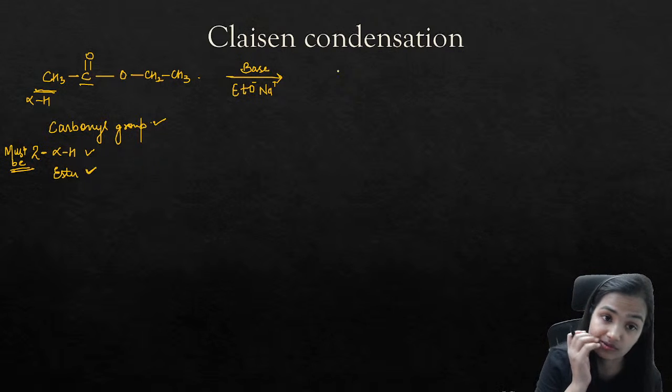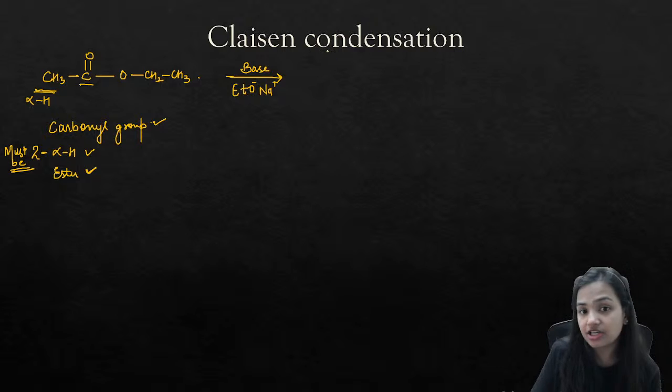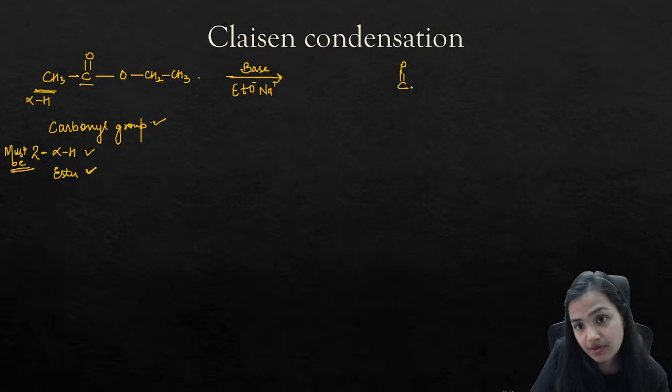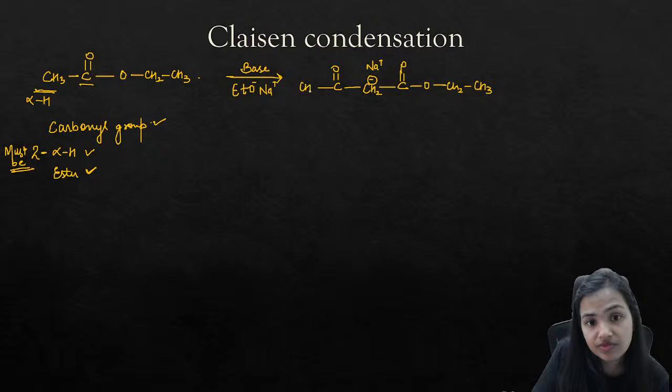beta ketoester. What will form? Sodium salt of beta ketoester. Let's say you will be getting an ester like this.